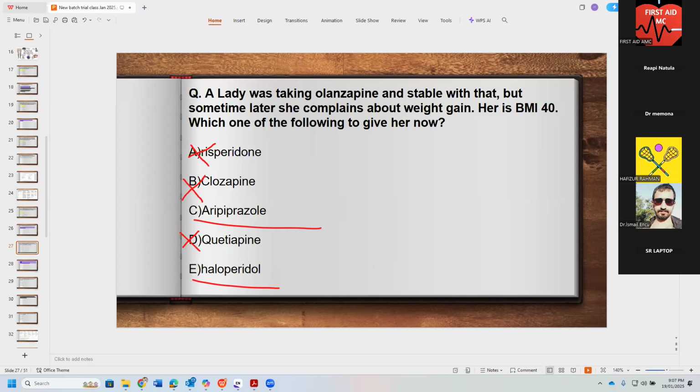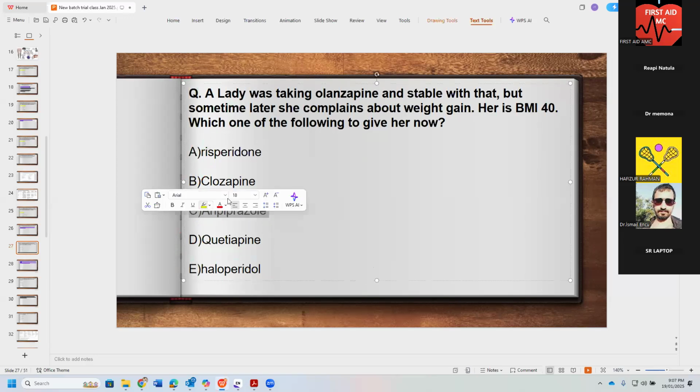So your correct answer in this would be aripiprazole. Haloperidol is associated with a lot of side effects, so we don't use it. We only use it in acutely psychotic patients. First generation antipsychotics are not used for patients unless they have refractory problems requiring it.